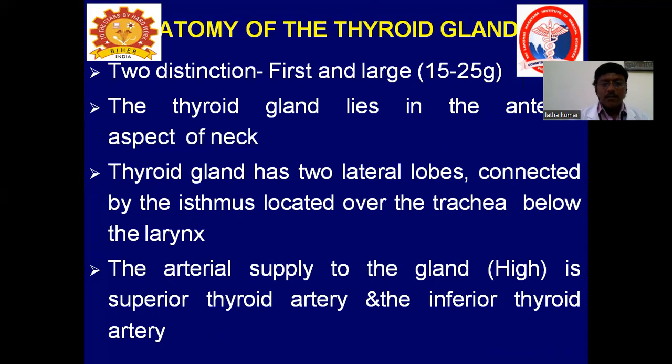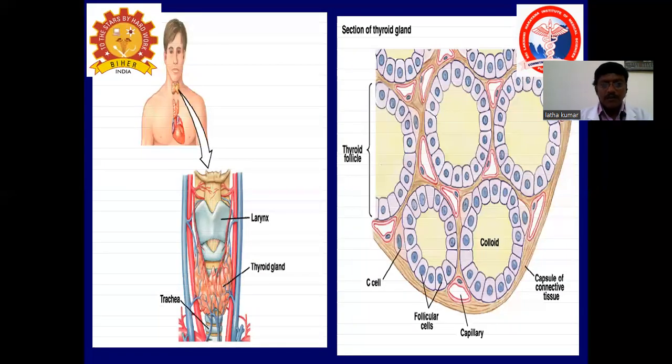The blood supply is very high, from the superior thyroid artery and inferior thyroid artery. The superior thyroid artery arises from the external carotid artery, and the inferior thyroid artery arises directly from a branch of the aorta. This picture shows the enlargement of the thyroid gland and its blood supply.